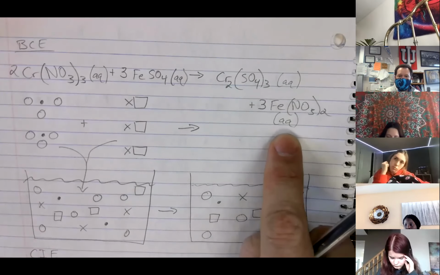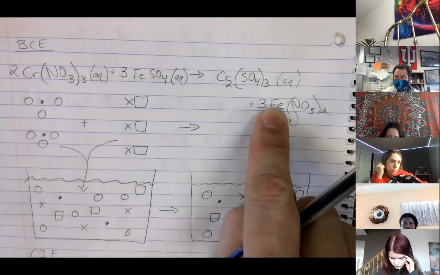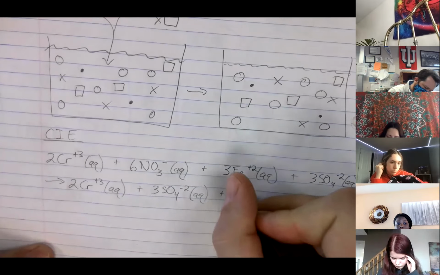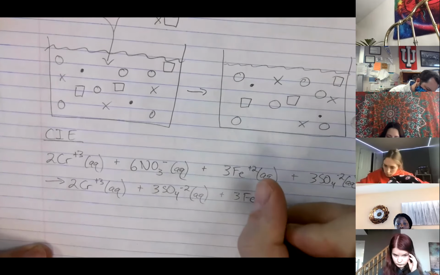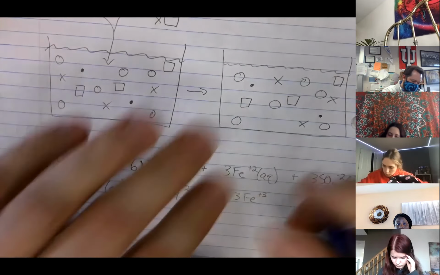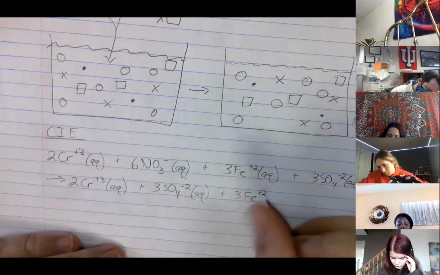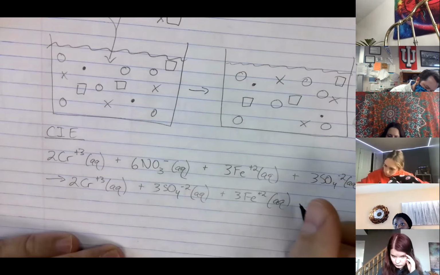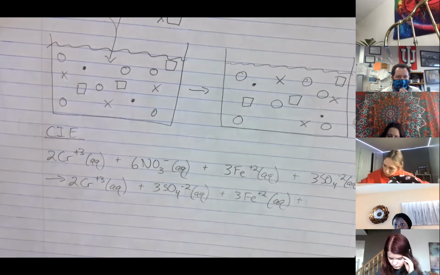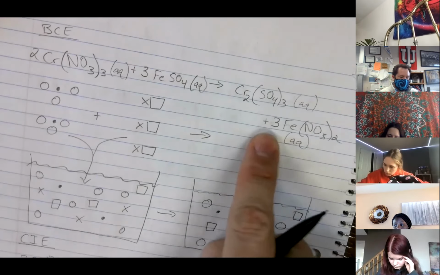This one's also aqueous. I have 3 irons. Oops, wasn't plus 3, it was plus 2. And 6 nitrates.